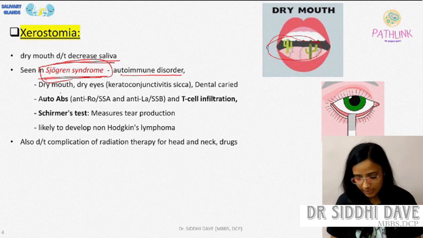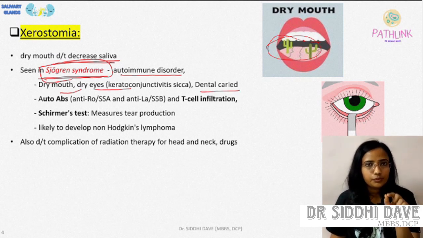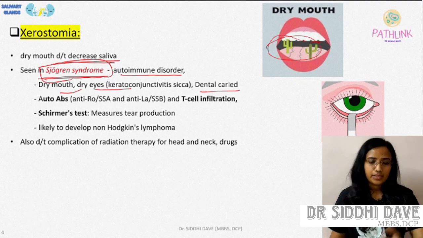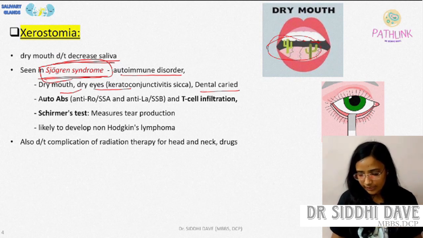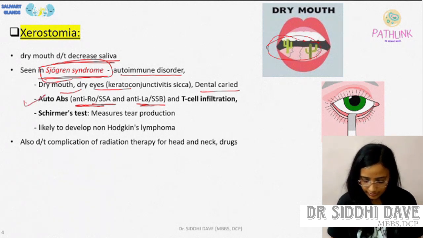There is dry mouth, dry eyes, keratoconjunctivitis sicca, and dental caries also. You have to remember anti-Ro and anti-La: anti-SSA (Ro) and anti-SSB (La) are positive in Sjogren's syndrome. So this is our high-yield topic.